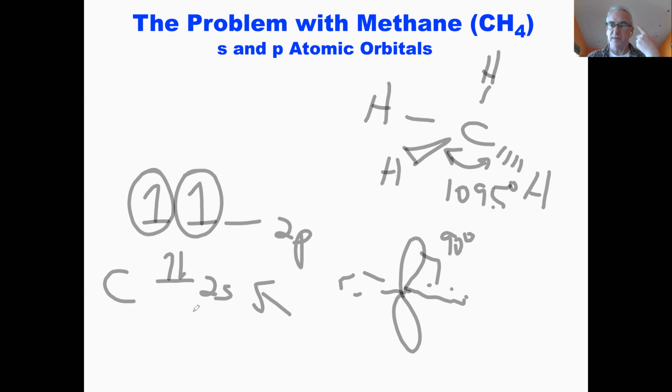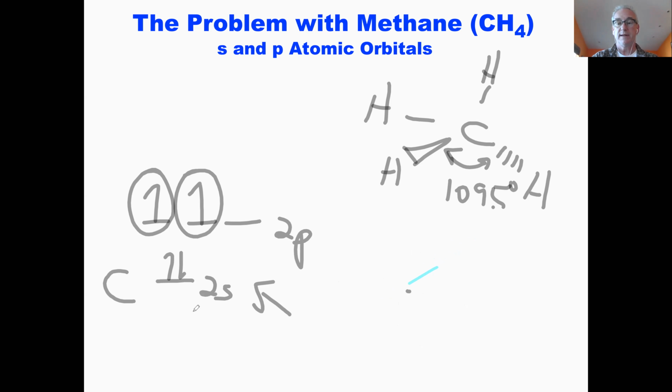The theory that came along to explain this was that instead of having these atomic orbitals, when carbon actually bonds with another atom, or with 4 other atoms or 3 other atoms, depending on how many there are, you would merge or hybridize these 4 orbitals.